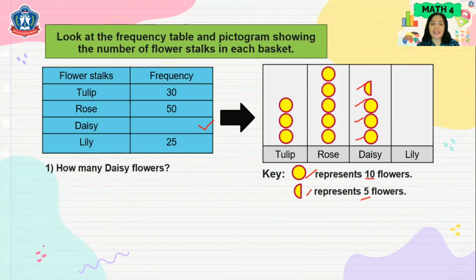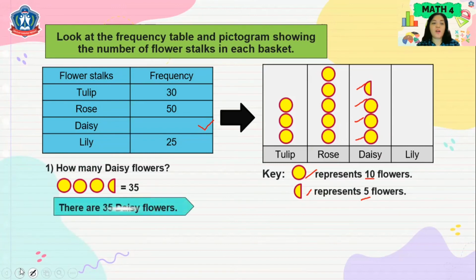So, how many daisies are there? Okay, let's count. We have 3 circles and 1 half circle, so that is equal to 35. Because 3 times 10, then plus 5. So, there are 35 daisy flowers. Okay, so our frequency table now is already complete.